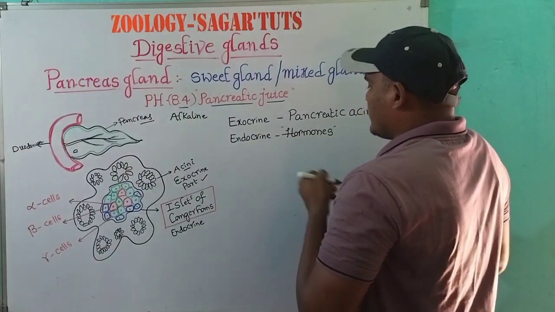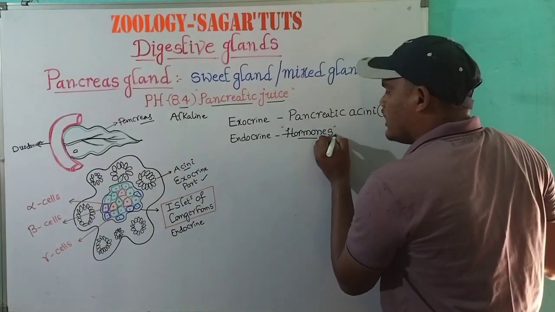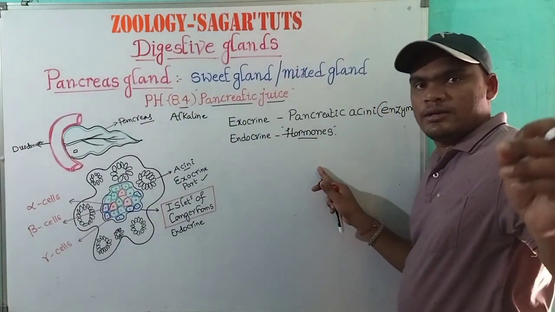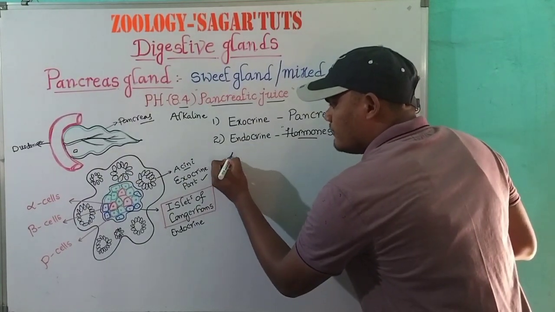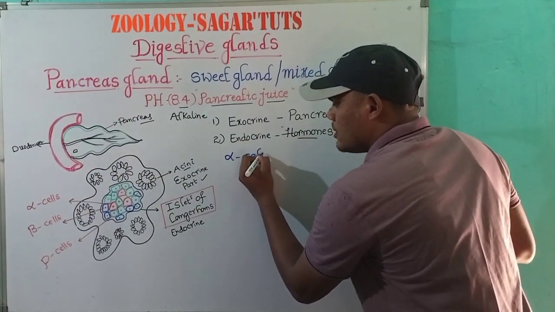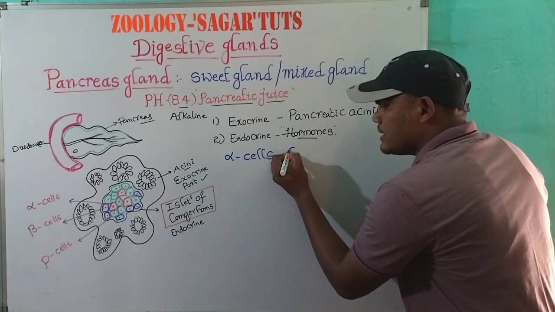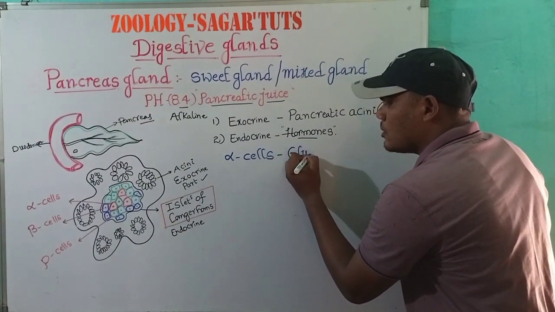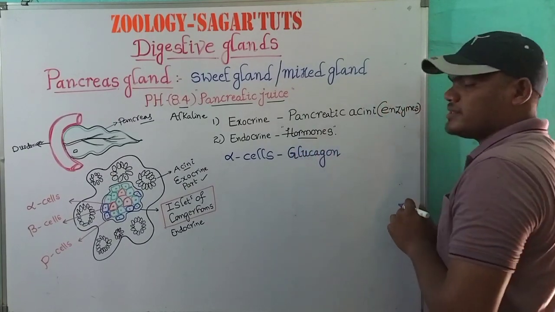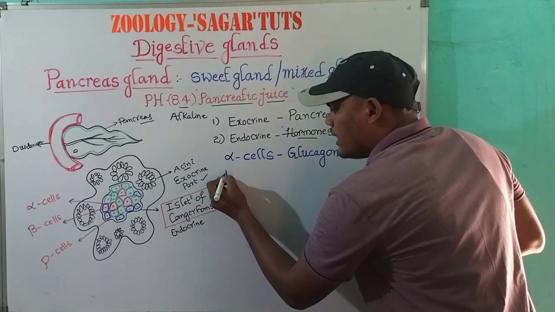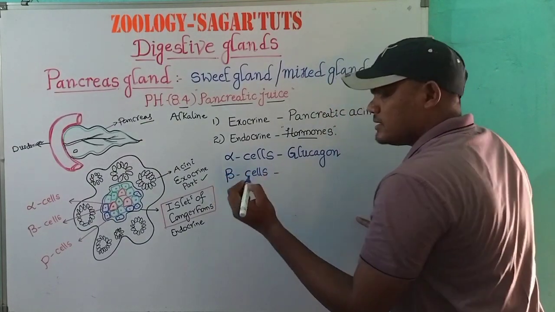Okay, and coming to what hormones are there. So the alpha cells secrete glucagon, and beta cells secrete insulin.